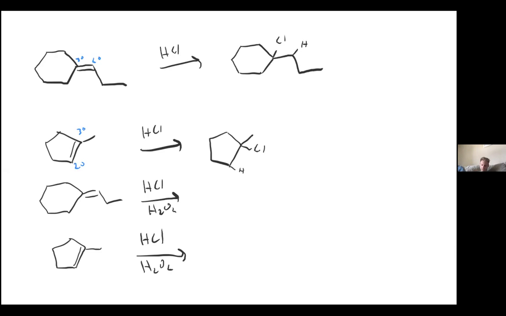Second half of this, we're in peroxide. So we're going to be doing the opposite. We've already indicated on the top what our primary and our secondary and tertiary centers are. So we know that now our Cl should end up on our less substituted end.